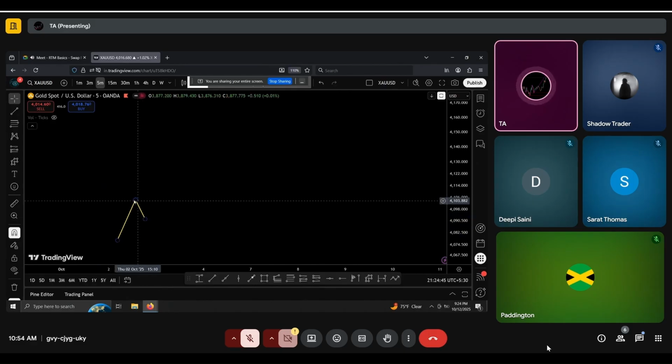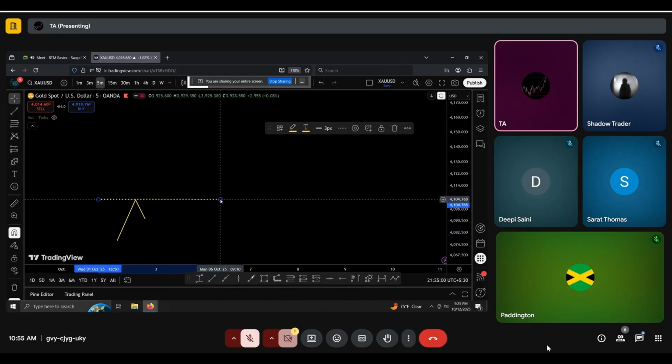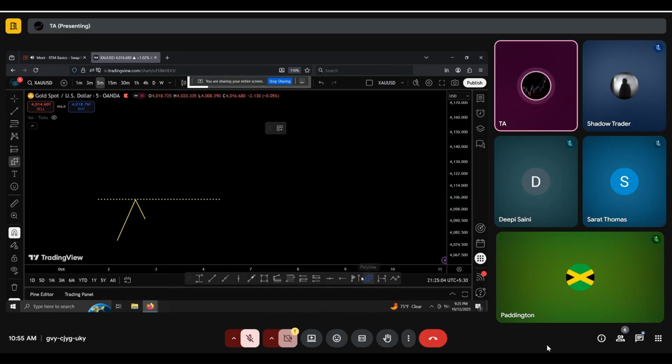What does this mean? There is some resistance which is forcing the price to go back down, right? Here we have some resistance. But after pulling back, price goes up again, right?